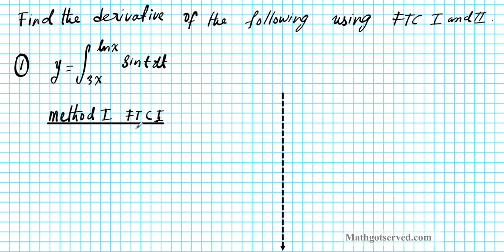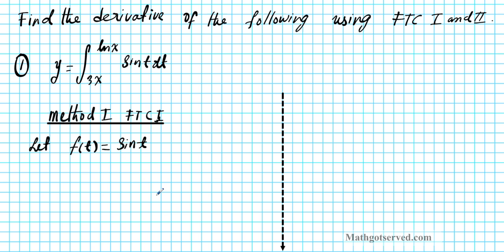So we have this expression right here. The first thing you want to do is assign the integrand a function. Let's call the integrand sine t; let's call it f of t. So let f of t, the integrand, equal sine t.